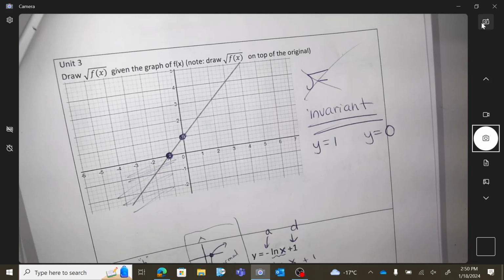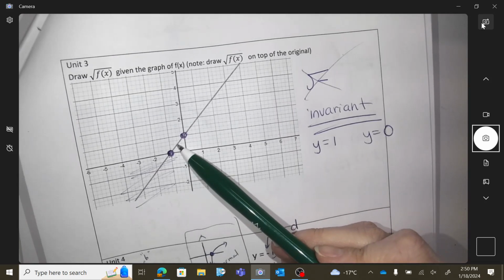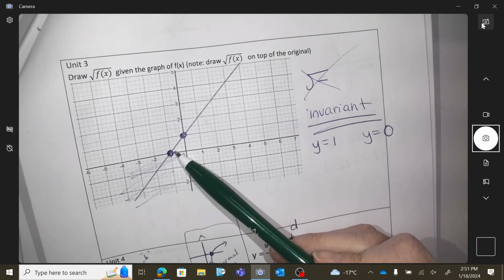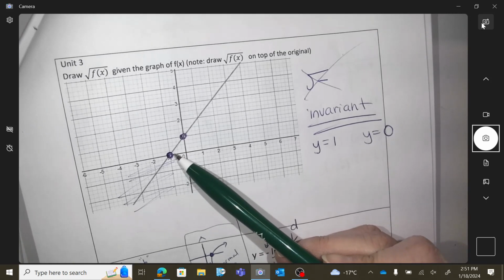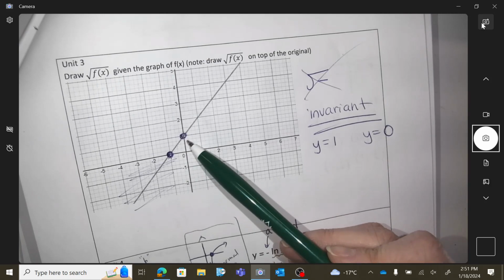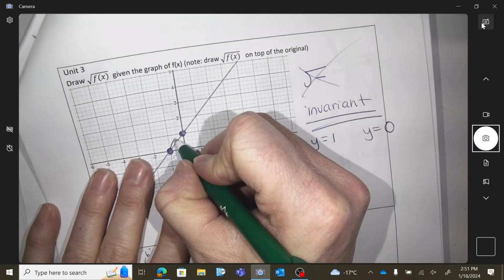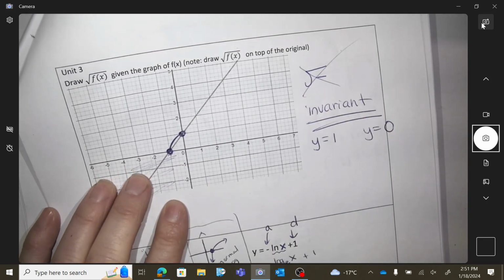Okay, now looking at where my pen is, the heights in this zone are between 0 and 1. What happens to a number when you square root it? If it's between 0 and 1 and you square root it, what happens? It gets bigger. So now I'm above it.